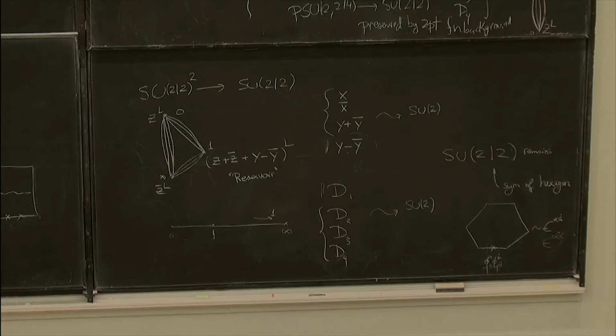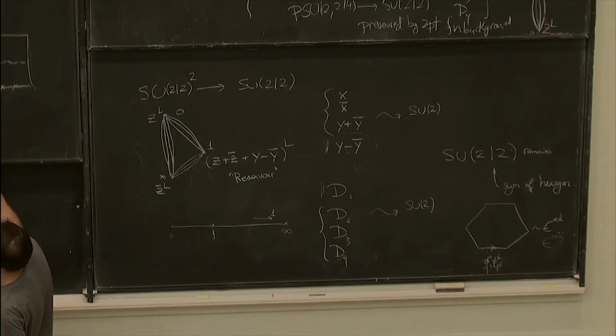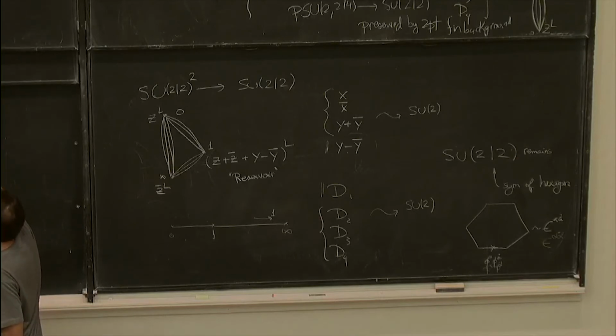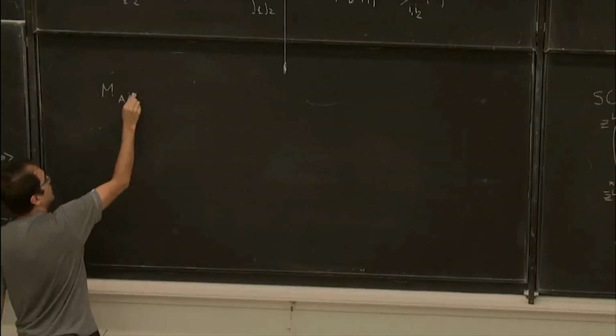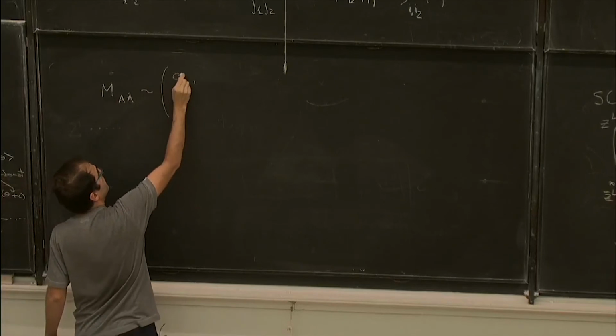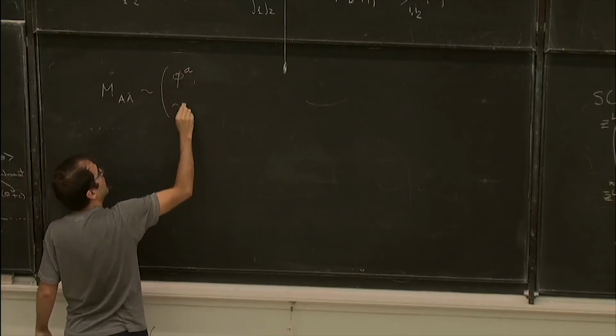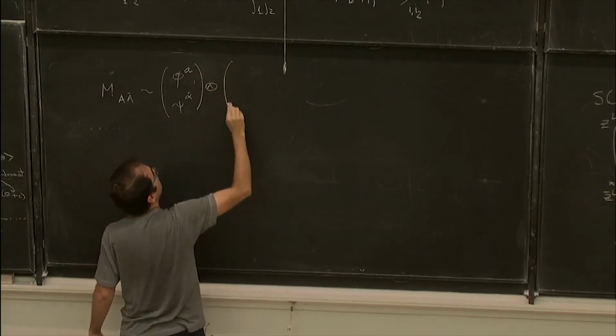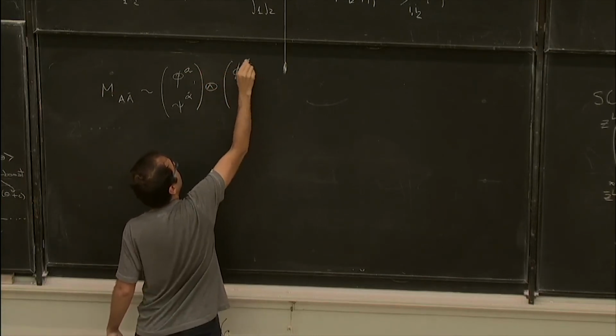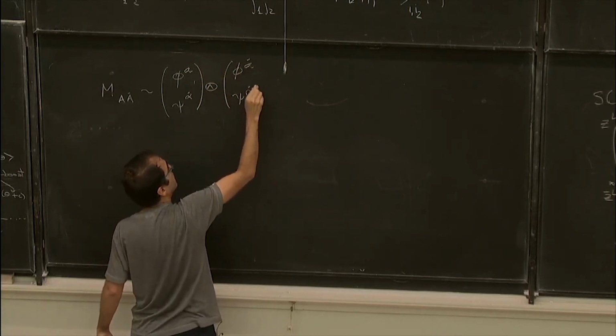Okay, so let me summarize what I just said here concerning the symmetry. As Shota said, each particle has an index A A dot, and we can think of it as psi A, psi alpha dot, tensor phi A dot, psi alpha dot.